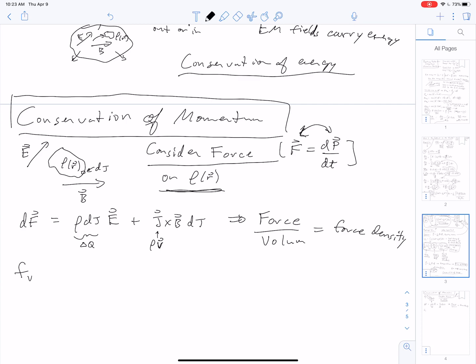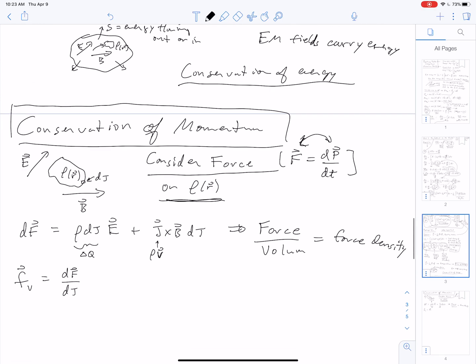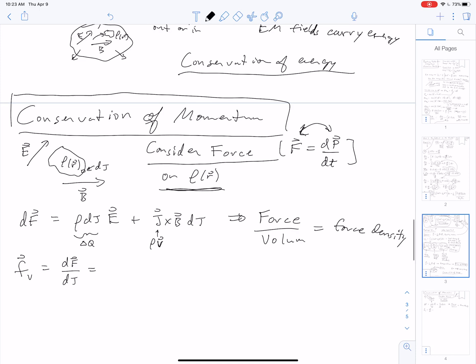The force density in this volume is equal to the force acting on that charge divided by the volume. That's just equal to the expression from the line above, rho times E plus J cross B. So that's the force per volume acting on the charge in this charge distribution.